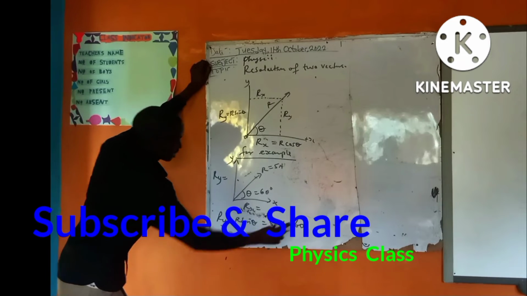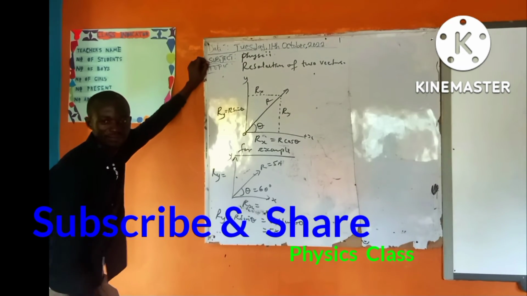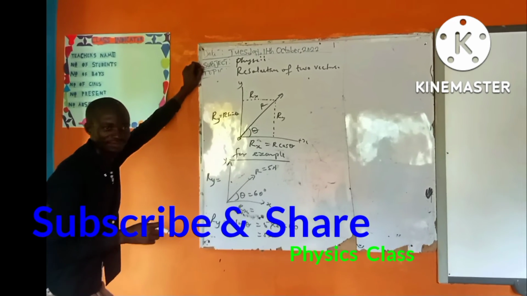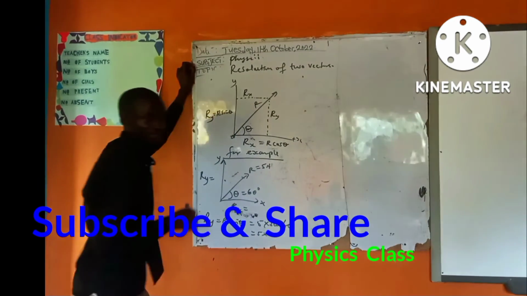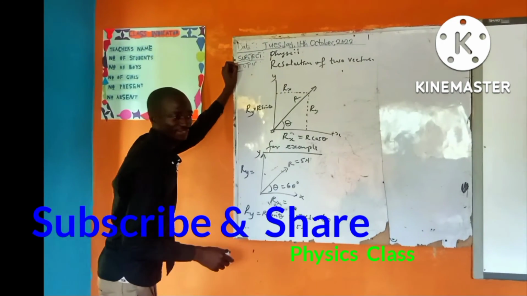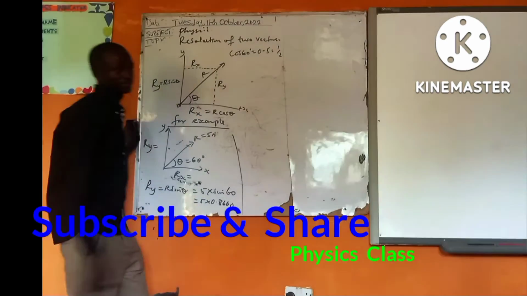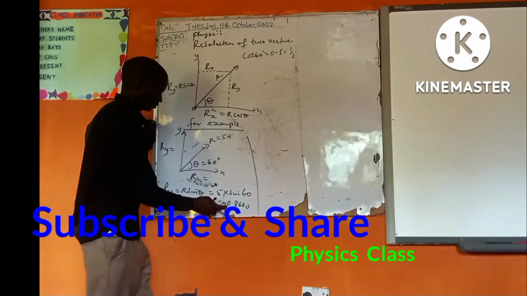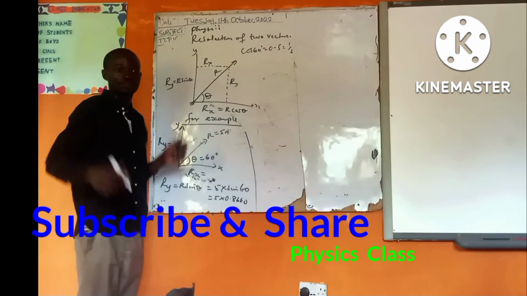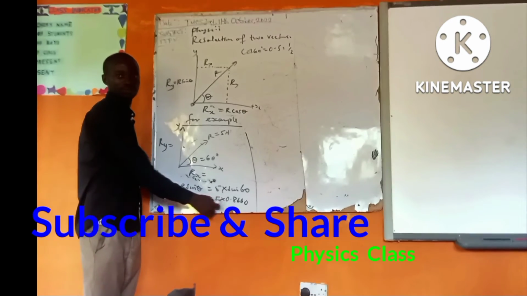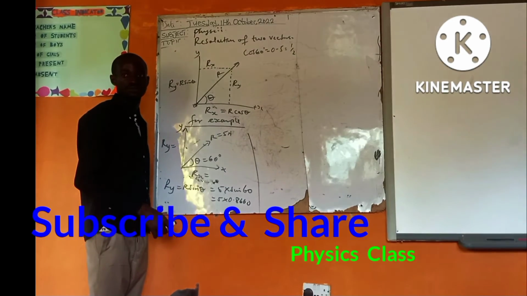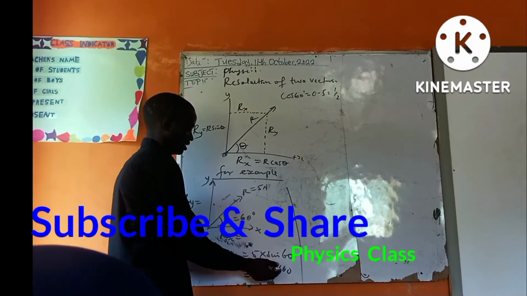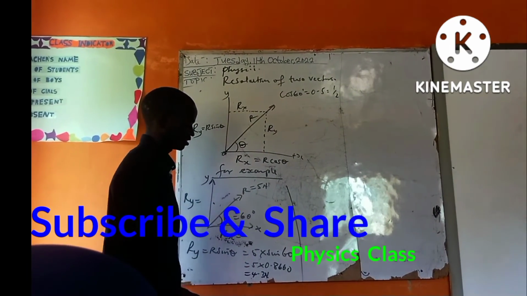So we have 5 times sine 60. Let me calculate it. 5 times 0.8660 is 4.3 Newton.